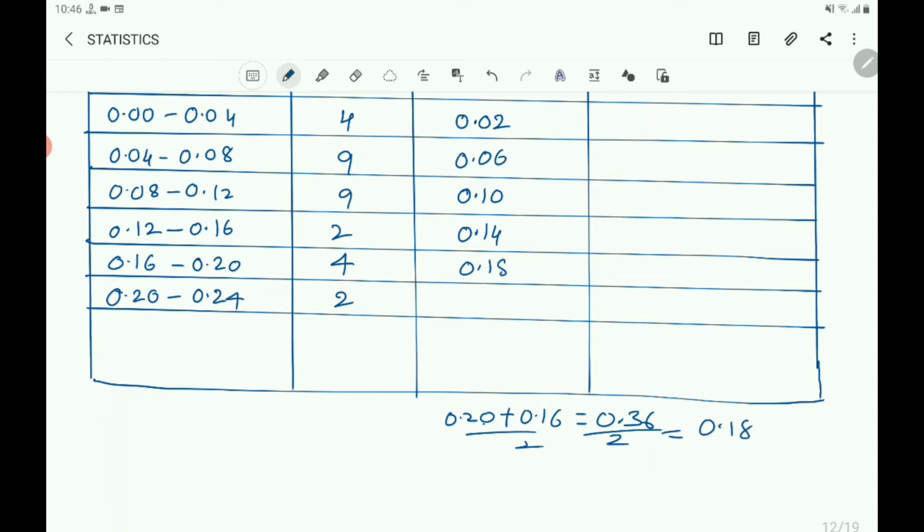Next you can add 0.04 to get 0.22, or 0.24 plus 0.20 divided by 2, that is 0.44 by 2, you will get 0.22. So you got it.